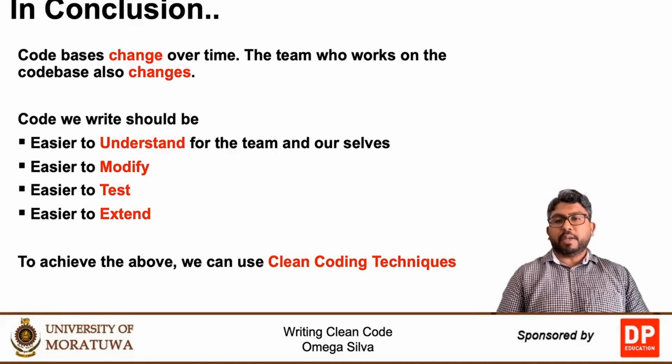And if we do a good job in applying clean coding techniques, we should be able to align our code with those qualities. And at the same time, we should be able to help the team, which continuously changes with new team members, to understand the code in an easier manner.